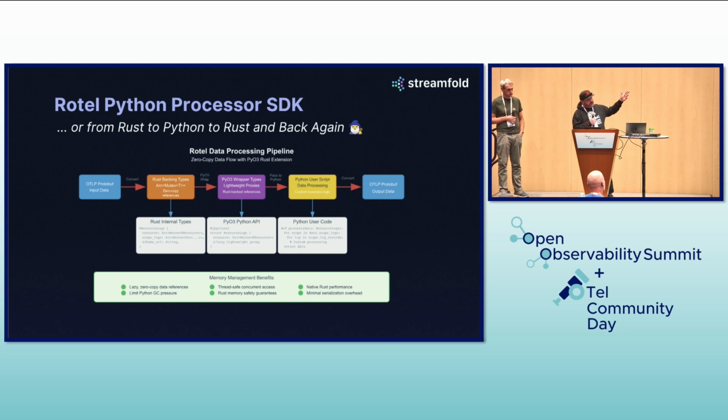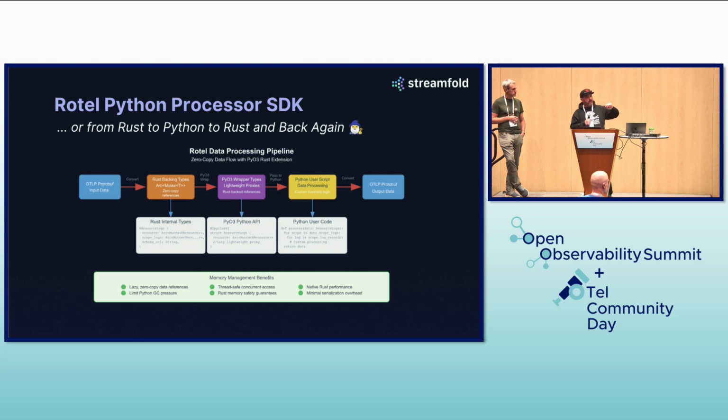This is a diagram of the flow of the data. As Mike mentioned, the data internally inside Rotel is in OTLP format, in protobuf. We load it into memory and convert it to a Rust type that makes it shareable with Python. We wrap it in arc mutexes, which allow us to efficiently clone references to these data types.